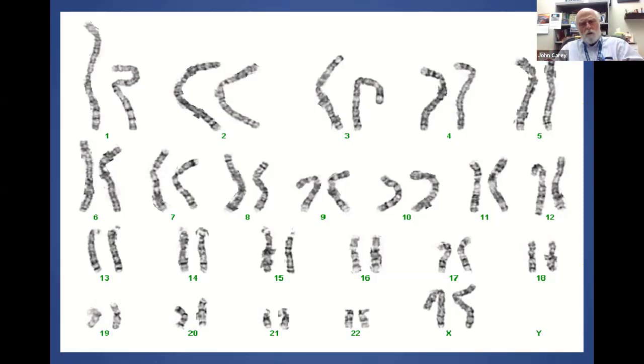It's performed by drawing blood on a person, taking the white blood cells out, stopping them in the middle of their growth phase on a slide, and then breaking it open with a salt solution. So all the chromosomes spill on the slide somewhat randomly.